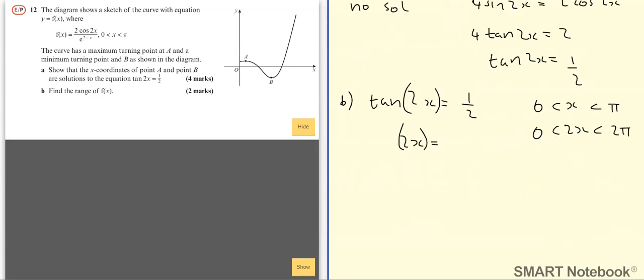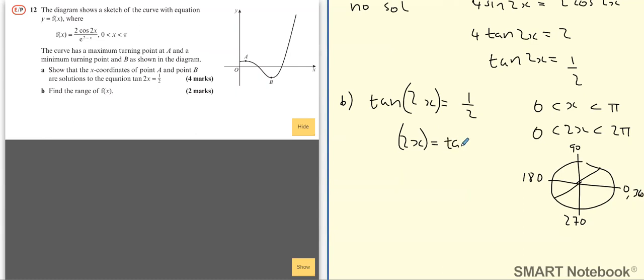Now, if I think about my CAST diagram, where is tan positive, in A and in T? So this is going to now become 0, 90, 180, 270, and 360.